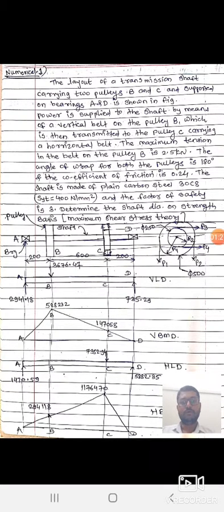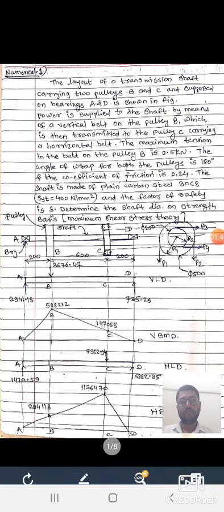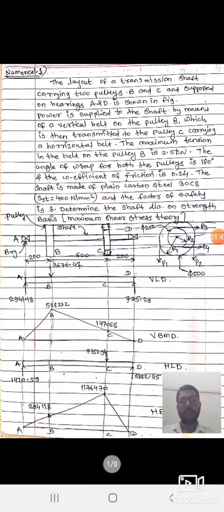So here we just draw the layout for the given condition for a shaft carrying two pulleys and two bearings. Here the pulleys are B and C, and the bearings are A and D. On the shaft, pulleys and bearings are mounted.